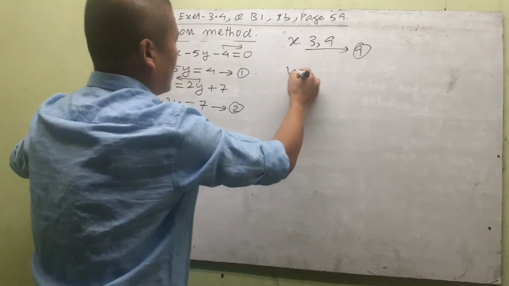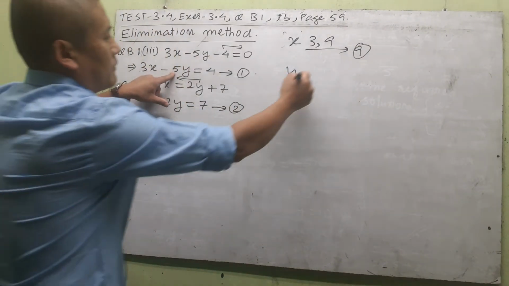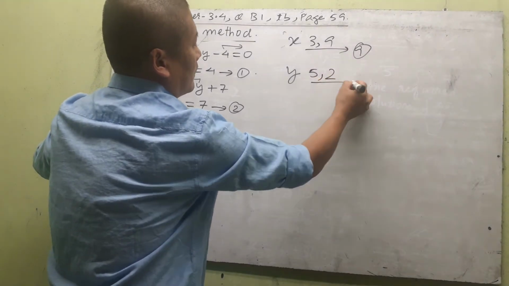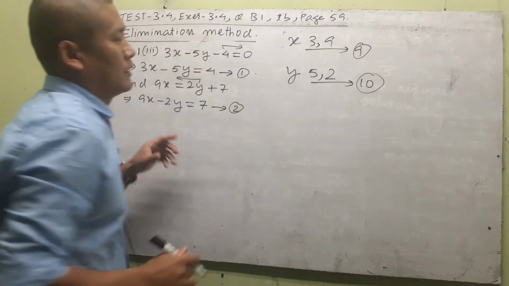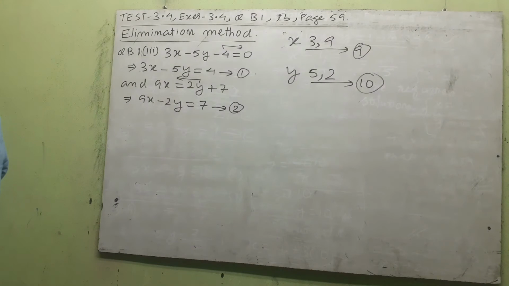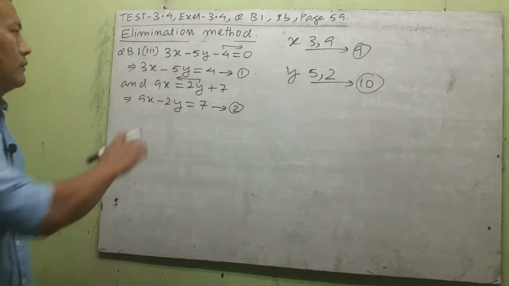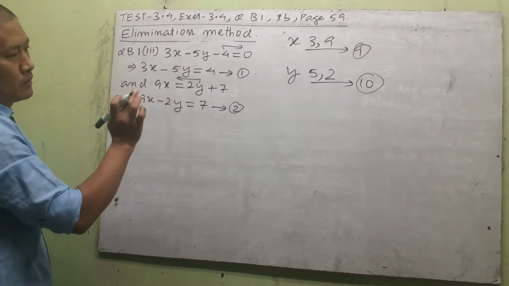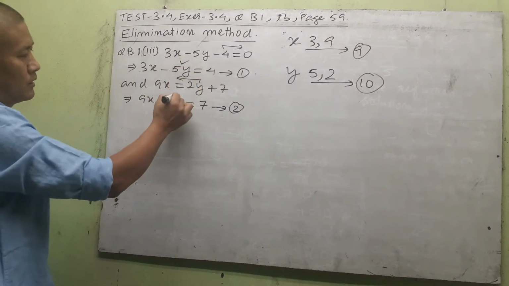And for y, 5 and here 2. Their LCM is 10. So you can equate whichever one you like. Okay, so here maybe we can equate y this time, even though you can choose x also, nothing wrong. So if you choose y, then you're going to choose this one, this and this.